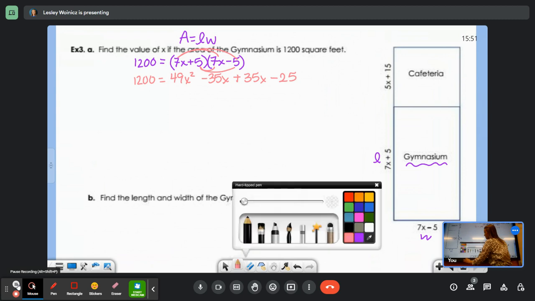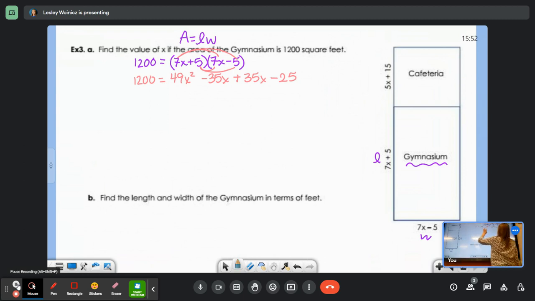Okay. Now I really want a 0 on this side of my equation. So I'm going to subtract away the 1,200 and subtract it over here also. Okay, now I have 0 on the left, and I have 49x squared.